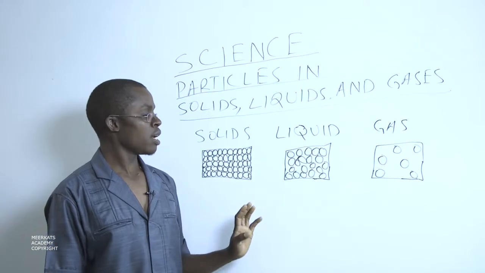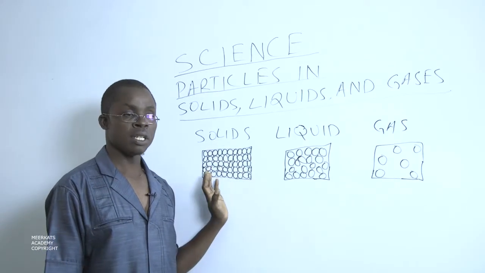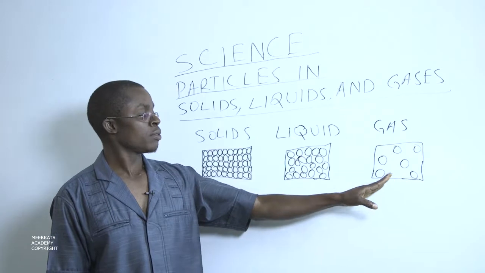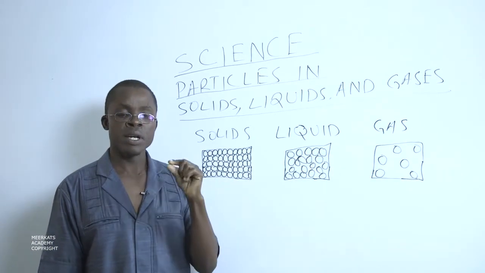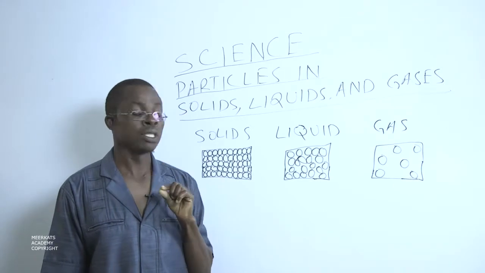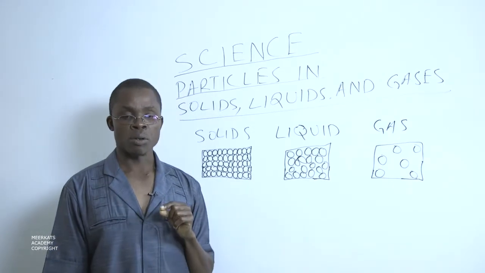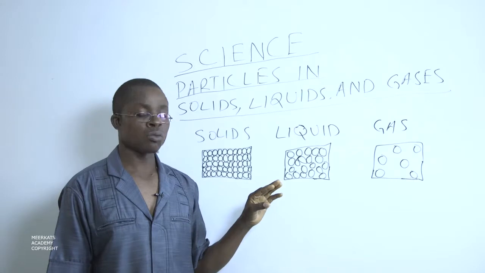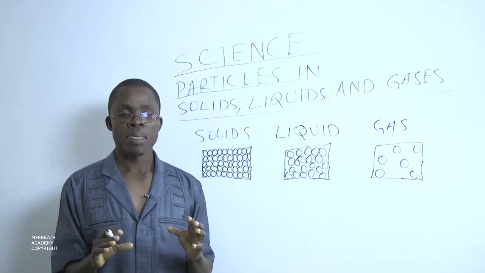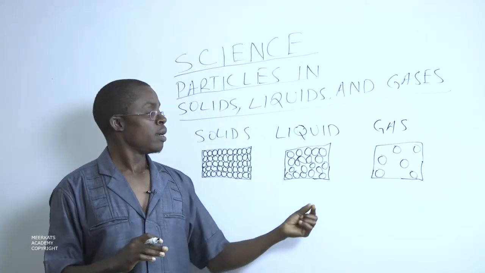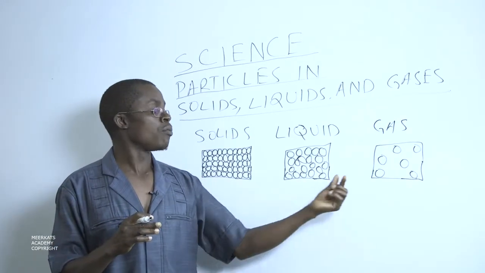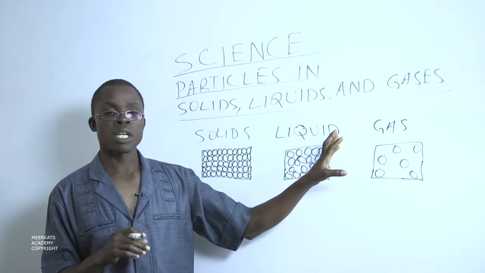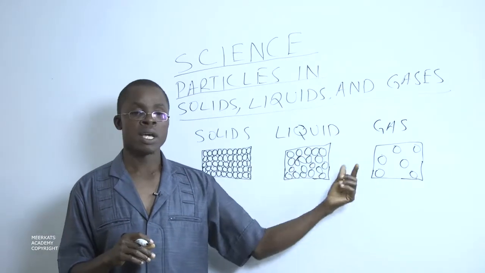As small as they are, just like in liquid and solid, the particles have very, very small forces of attraction between them. This makes the particles very free and gives them a higher energy of moving around the container into which they are being held.